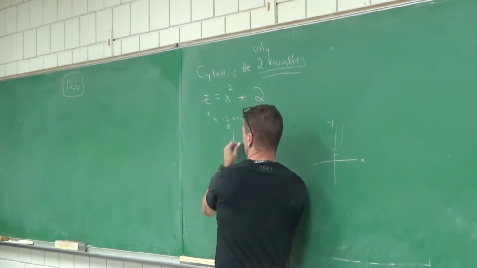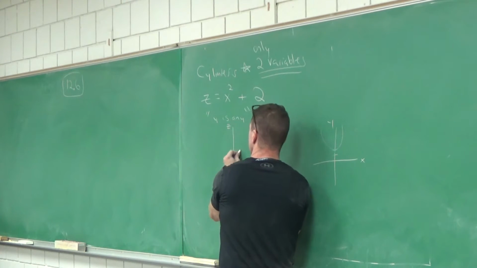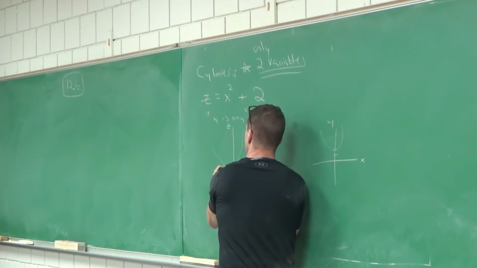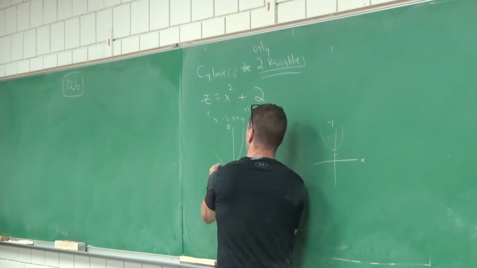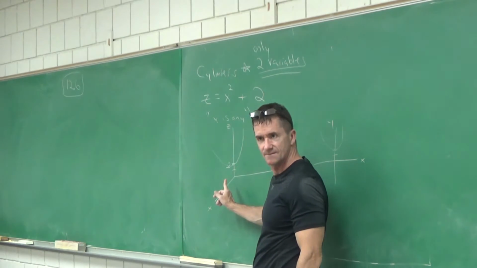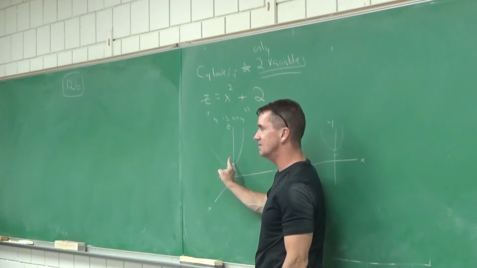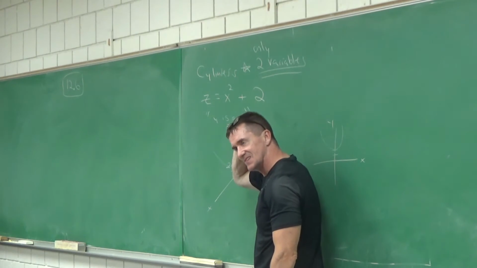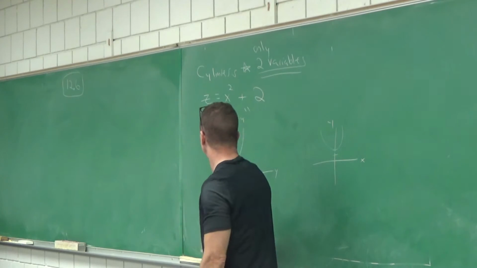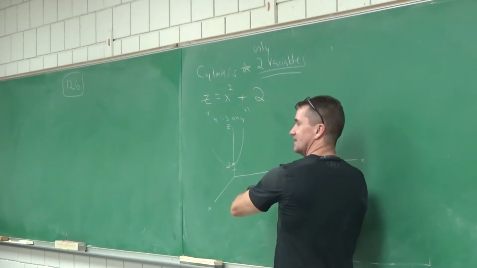So I mean, you want to distort it a little bit, you can. You can be like, all right, here it is. It hits this, and it's coming back up, right? It's going through this value 2 on the z-axis, in the xz plane, true? But I only drew 1 trace. We're saying y can be what? Anything.